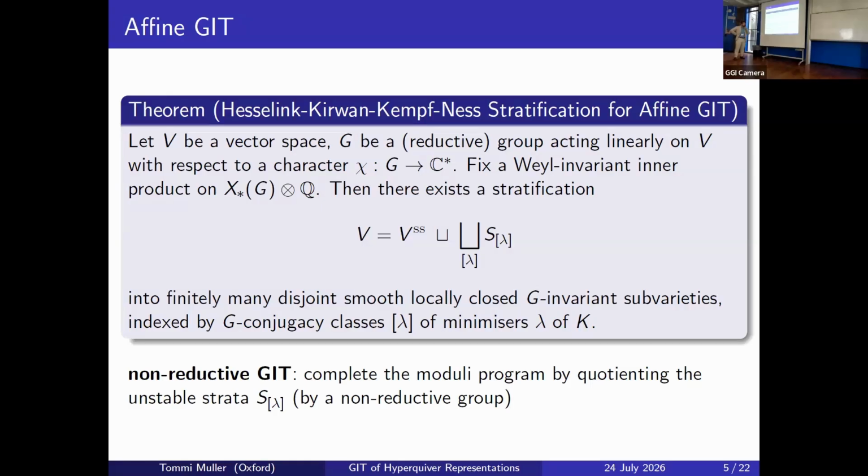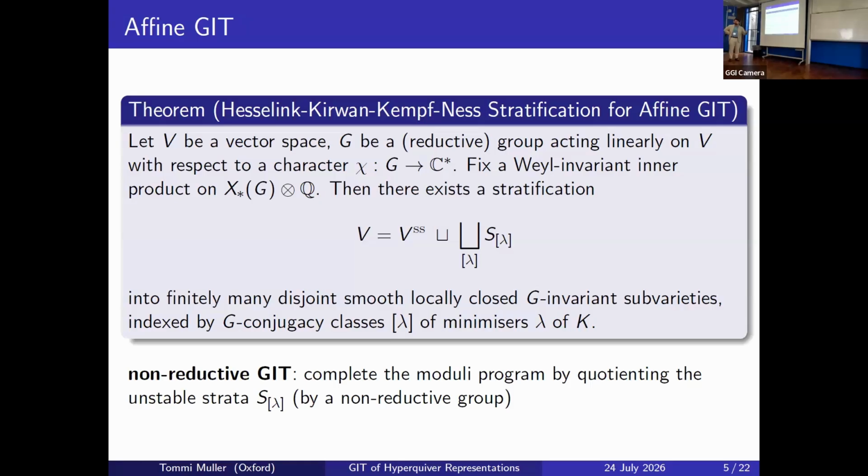But in some sense, you throw away a lot of information that way, and the moduli problem is not complete unless you can somehow quotient the unstable strata. So this is the philosophy of non-reductive GIT, which is to complete this moduli program by quotienting the strata.